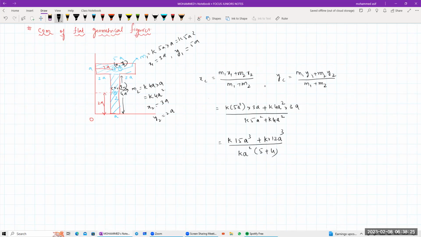Okay, so this will be equal to 9. तो यहाँ पर मैं इसमें k कॉमन है, a क्यूब भी कॉमन है, so it will be 15 plus 12 divided by k into a square into 9. so ये k चले गया, क्यूब में से स्क्वायर चले गया, so ये बना कितना बेटा 27 into a divided by 9.